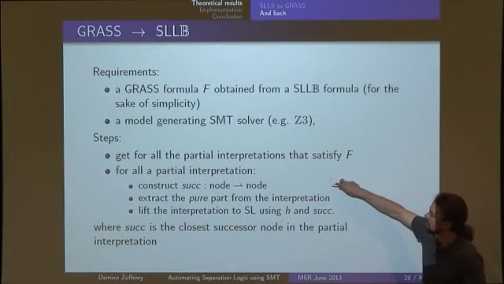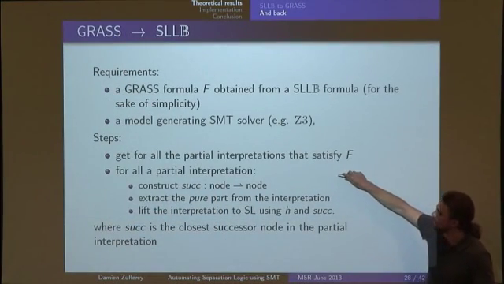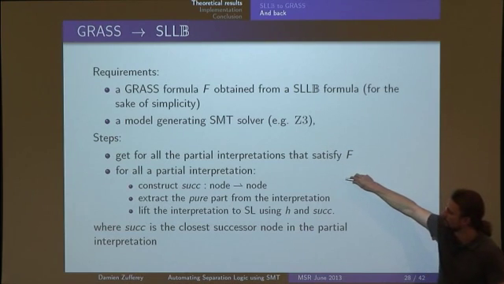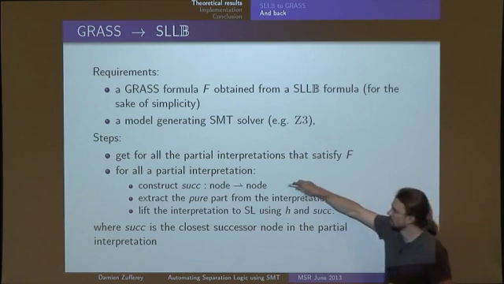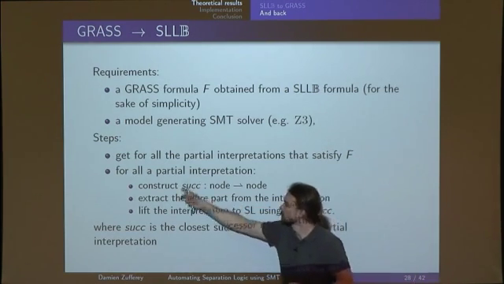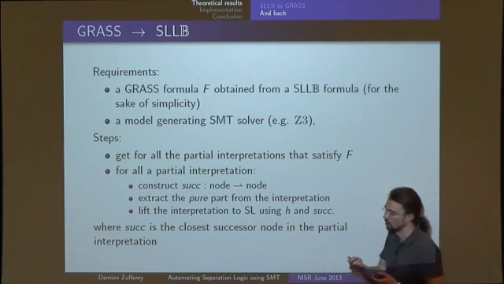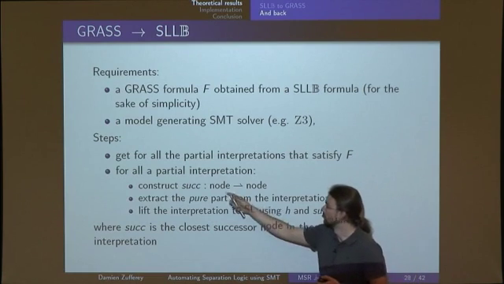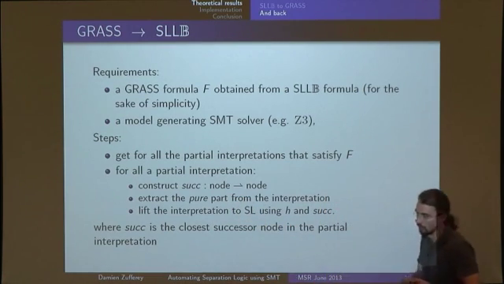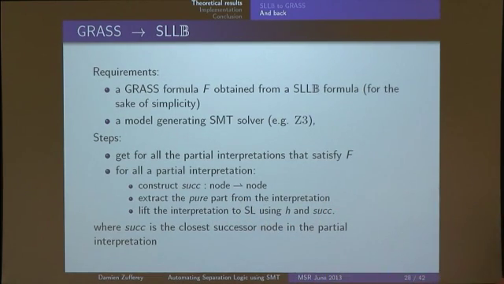Okay, and how do we lift a partial interpretation to separation logic? From the partial interpretation, we extract this successor function, which is a mix of the reachability predicate and the successor, like a function h, which will be the next successor.